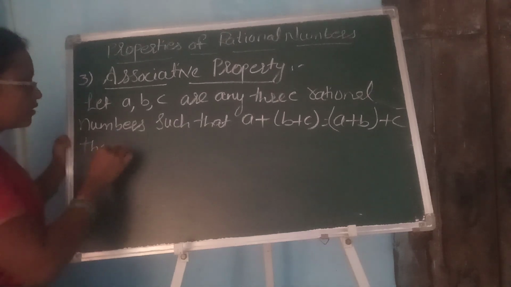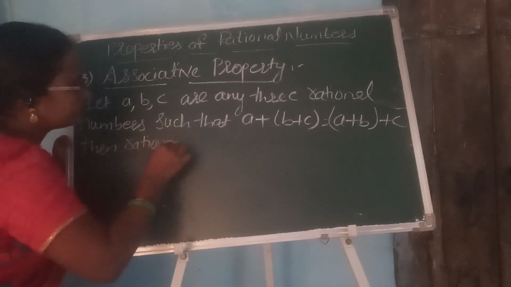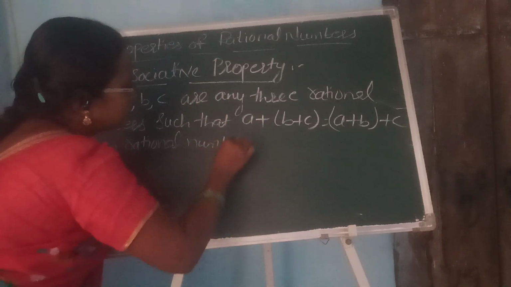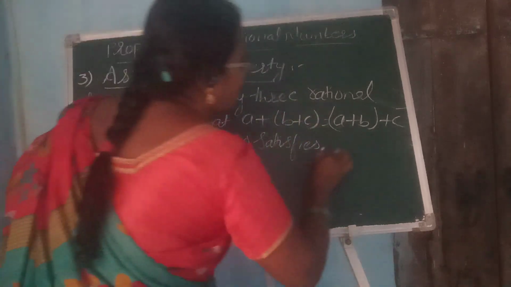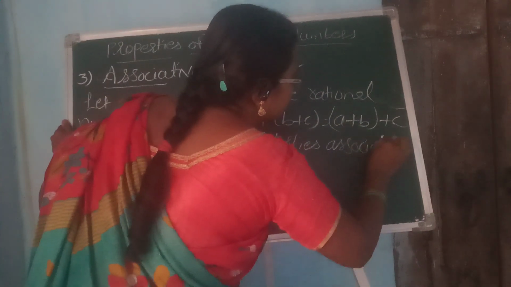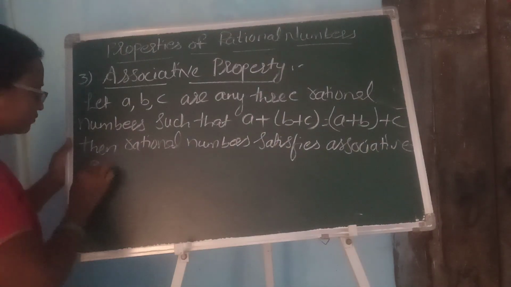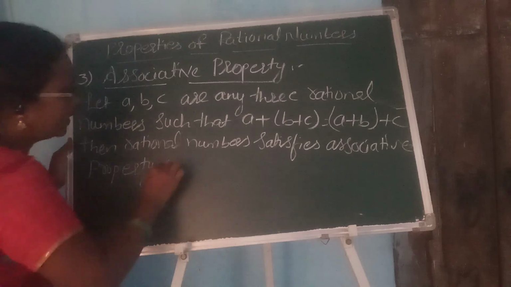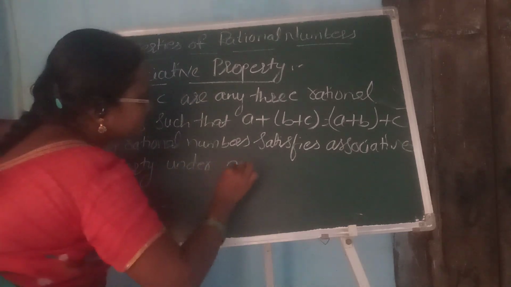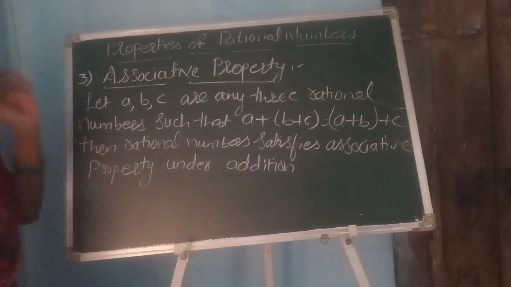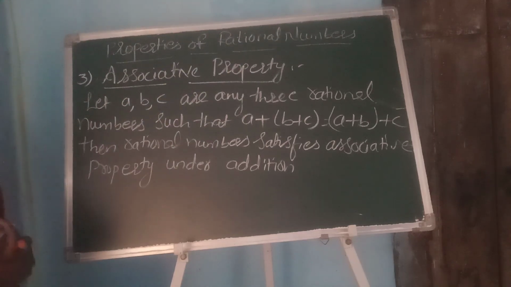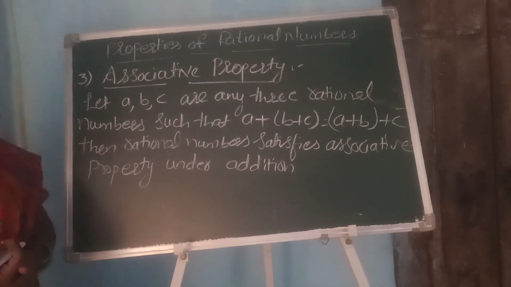Then rational numbers satisfy associative property under addition. So once again I repeat the rule here. Let a comma b comma c be any three rational numbers such that a plus of b plus c is equal to a plus b plus c. Then rational numbers satisfy associative property under addition.